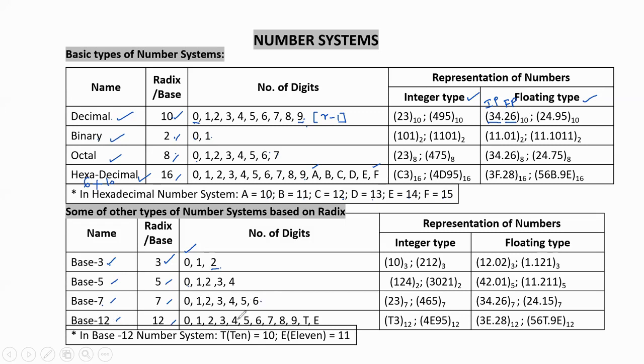For 12, 0 to 11 actually, but we take initially 0 to 9, the decimal digits. After 9, instead of 10 and 11, we have to use the alphabetical letters T and E. T means 10, the first letter of ten. E means 11, the first letter of eleven. We use these two alphabetic letters instead of 10 and 11.